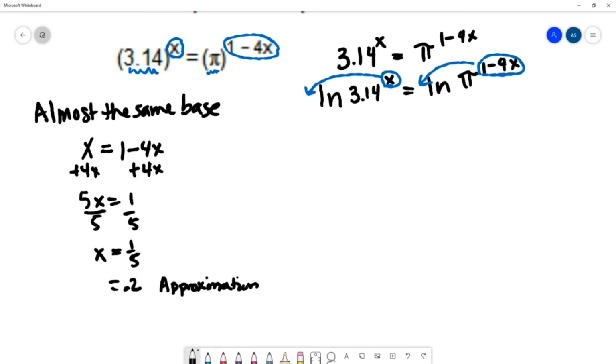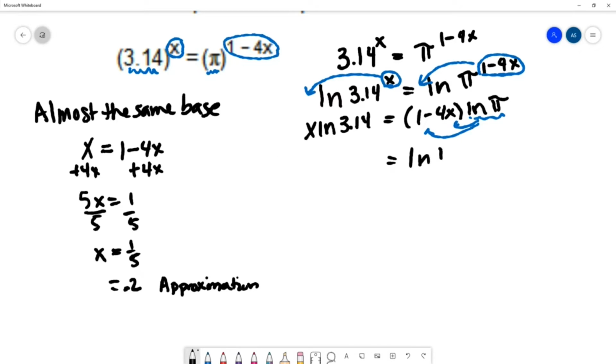So this becomes x natural log of 3.14 equals (1 minus 4x) natural log of pi. On the right-hand side, I'm going to use the distributive property, and that's going to give natural log of pi minus 4x natural log of pi.